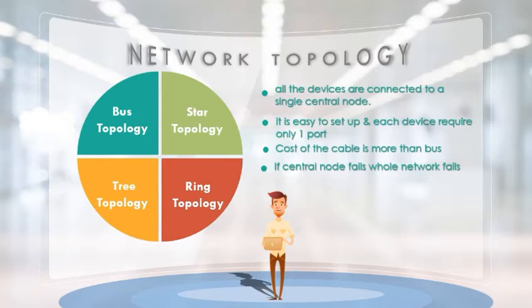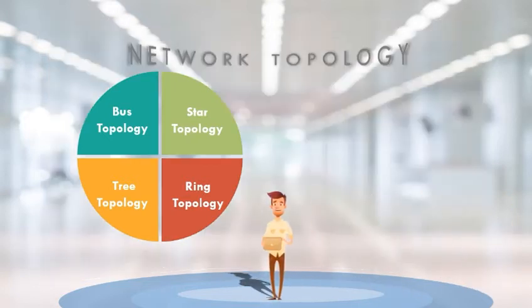The cost of the cable used here will be more than the bus topology. And as with the bus topology, if the central node fails, the whole network will fail. That is the main disadvantage of star topology. Let's see the picture of star topology.